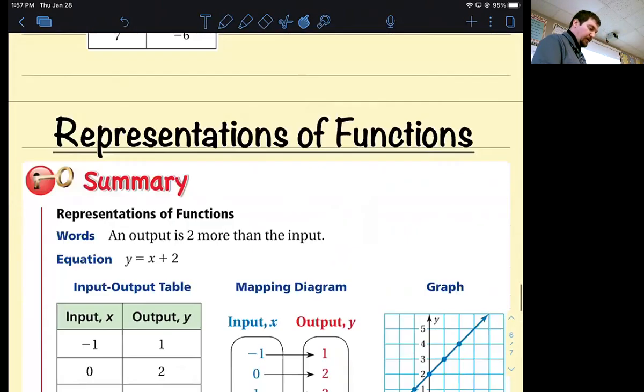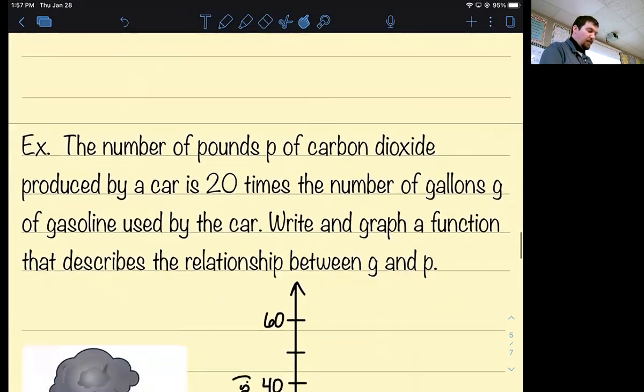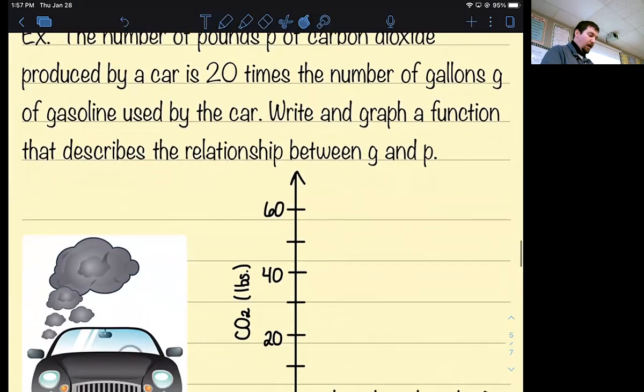There's no problems here. So I've got 3 examples. The number of pounds P of carbon dioxide produced by a car is 20 times the number of gallons G of gasoline used by the car. Write and graph a function that describes the relationship between G and P. Think of G and P as being like X and Y. All right, so I'm used to having 2 variables.